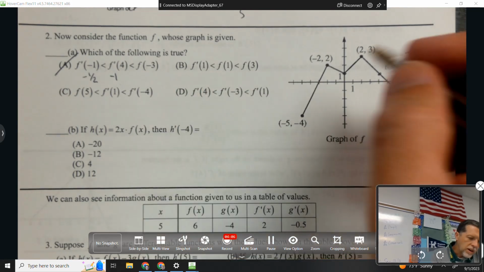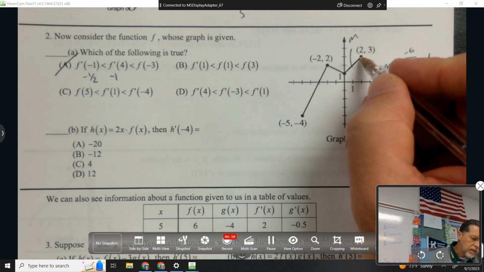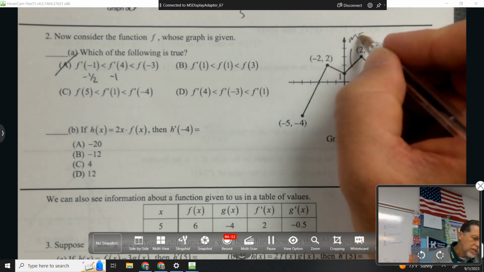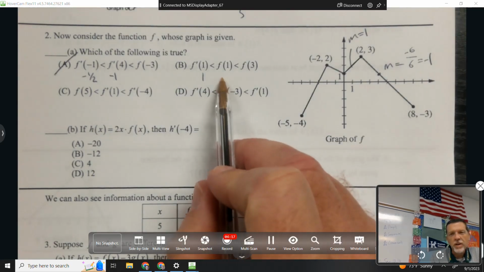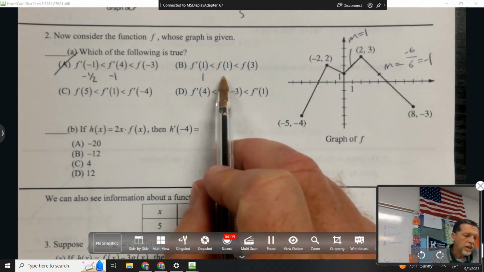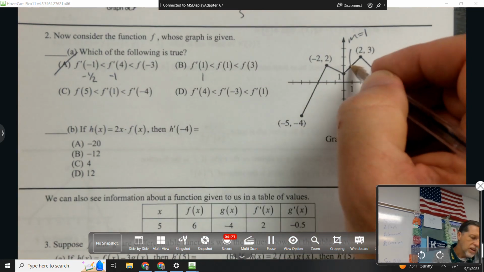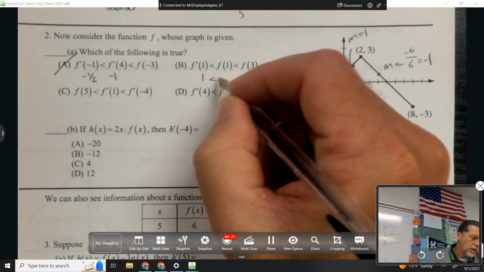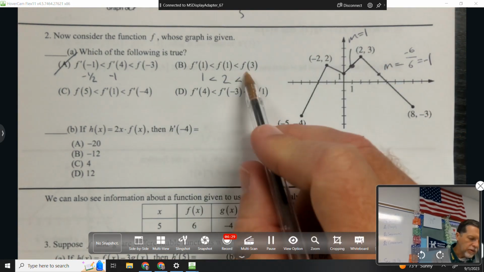F prime at 1. I should start labeling these. That slope is up 1 over 1. So that slope is 1. F of 1. Oh, be careful. So not the slope at 1, but the value of the function at 1, which should be 2, is less than the value of the function at 3.